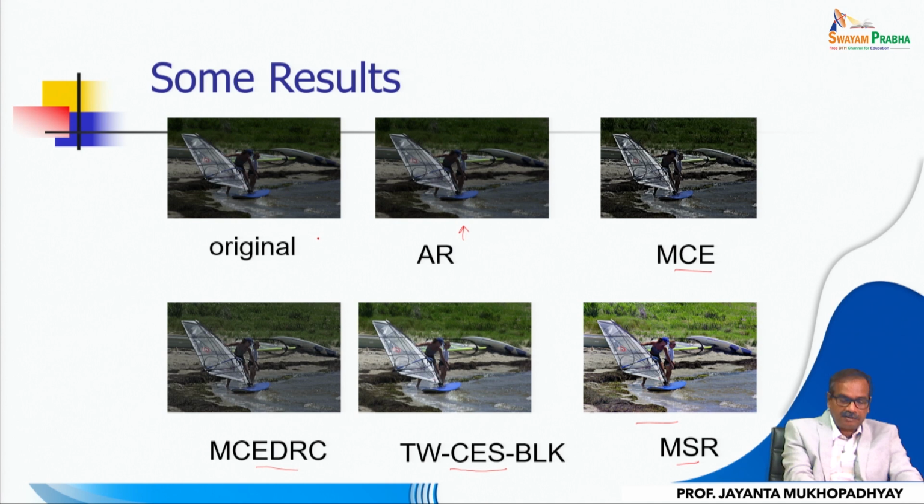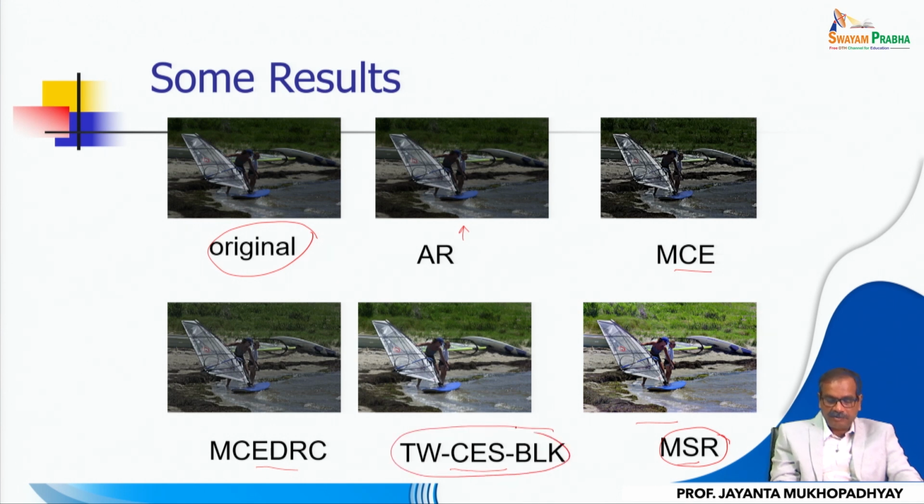So this is the original, and this is the enhanced image of a spatial domain operation. And in the compressed domain, you get this operation, which is not as good as the spatial domain, but note also that the computation is much less in this case.